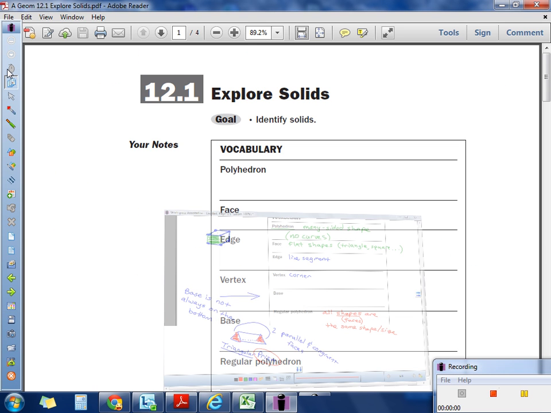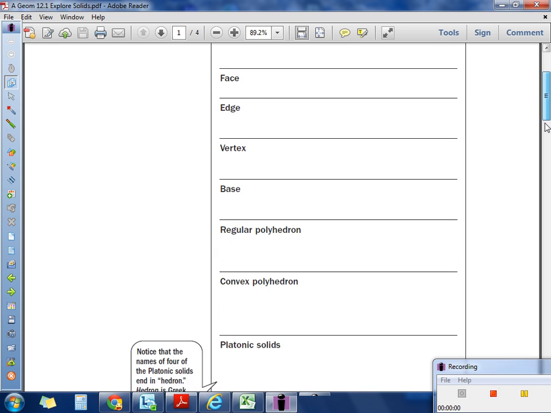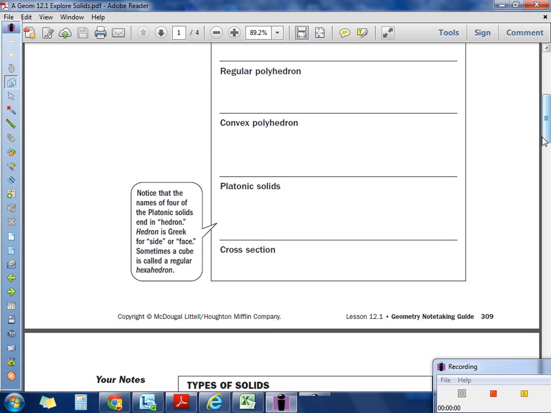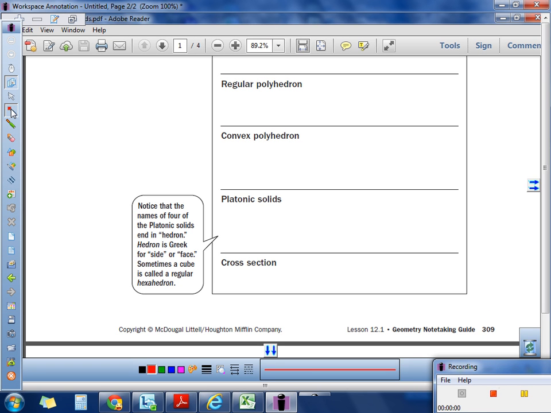All right, up next we have a few other terms. We have platonic solids and cross-section. Anybody get the definition for platonic solids? Five regular polyhedrons. So we're not going to talk about this too much, but can anybody give me an example of a platonic solid?